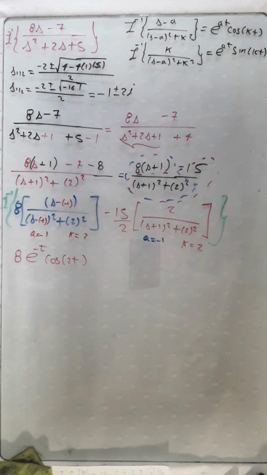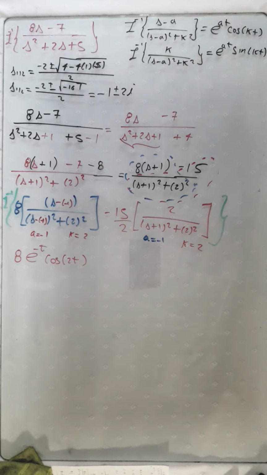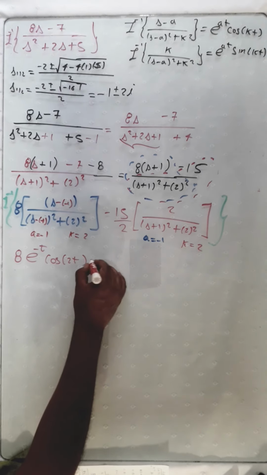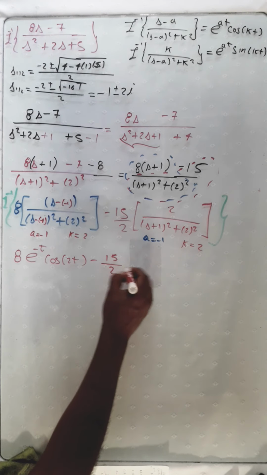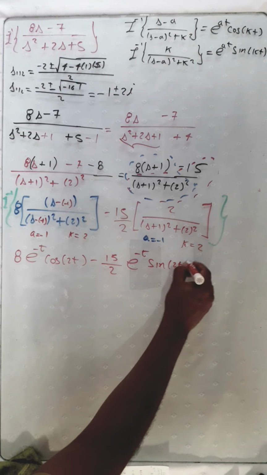It's very similar to the integrals where you have to complete the integral. You have to compensate the formulas. Okay, now that we have k and below k squared, now we can apply the formula. It's going to be minus 15 over 2 exponential of minus t, the sine of 2t.